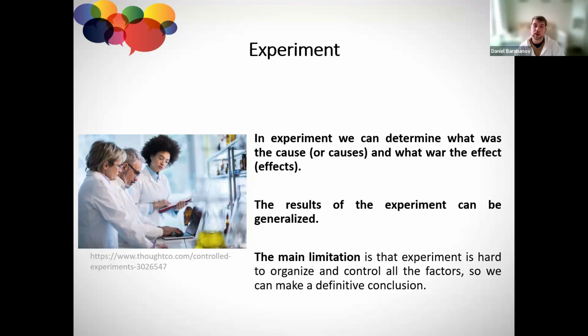The main limitation is that an experiment is much harder to organize compared to descriptive and correlational research designs. It's just really harder from an organizational point, and some phenomena in psychology are much harder to measure, create, and imagine an experiment procedure to measure.